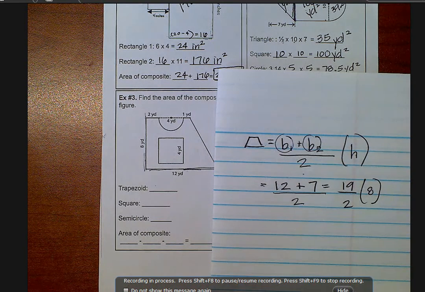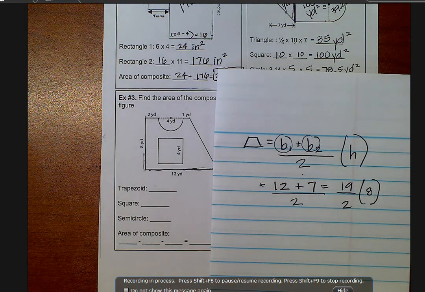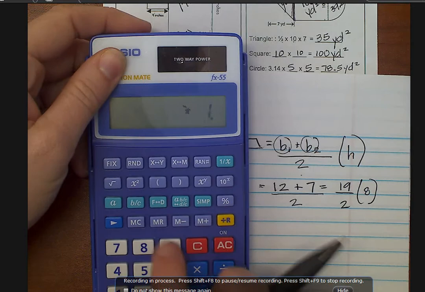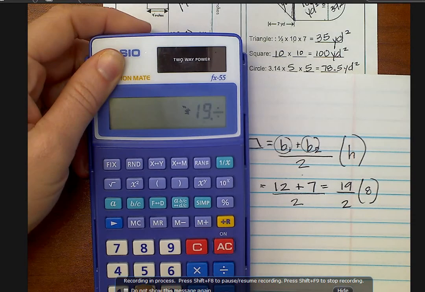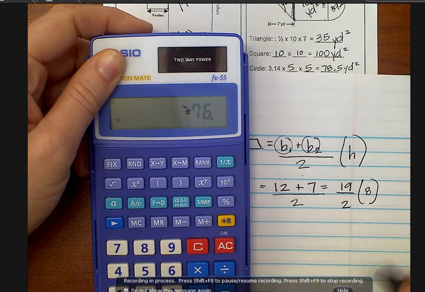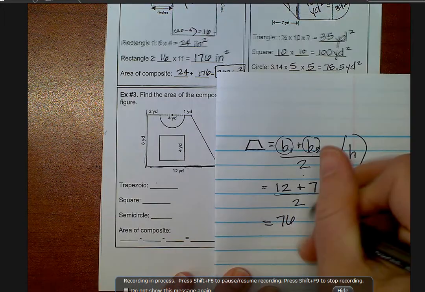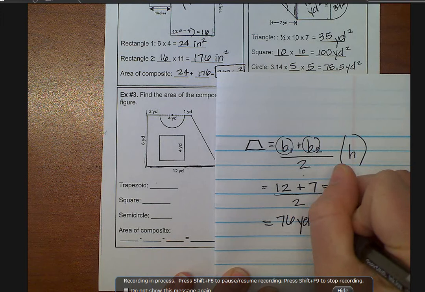Again, you're doing this part of the math on your notebook over on the side. So you have 19 divided by 2 is 9.5 times 8 is 76. And we've got yards again, so 76 yards squared.